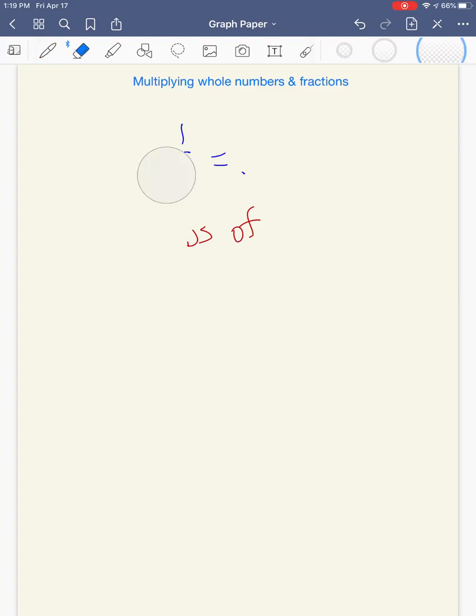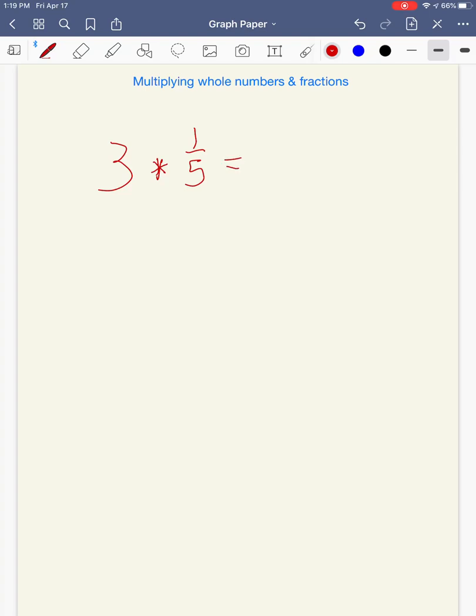Let me clean this up, get rid of it. And now we will do, not just me, hopefully you're doing this with me, 3 groups of 1/5 this time. So what would 3 groups of 1/5 be? Well, remember, this multiplication symbol is groups of. So let's think of it as 3 groups of a fifth.